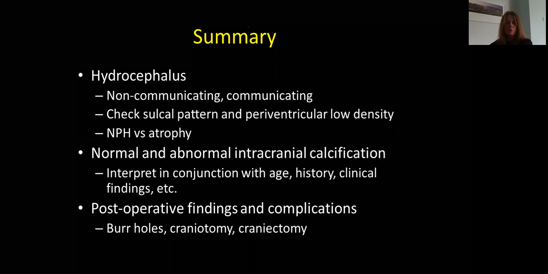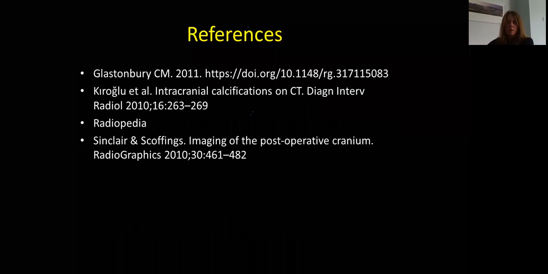You're not always going to know what an intra-axial neoplasm actually is until it's been biopsied. And then post-operative findings: what normal scalp looks like, typical types of craniotomy and craniectomy, and the sort of complications, and how to look for other associated features, particularly for infection, and how to distinguish between the compartments, with extradural being much more common than subdural. So there are some references. I will stop there.